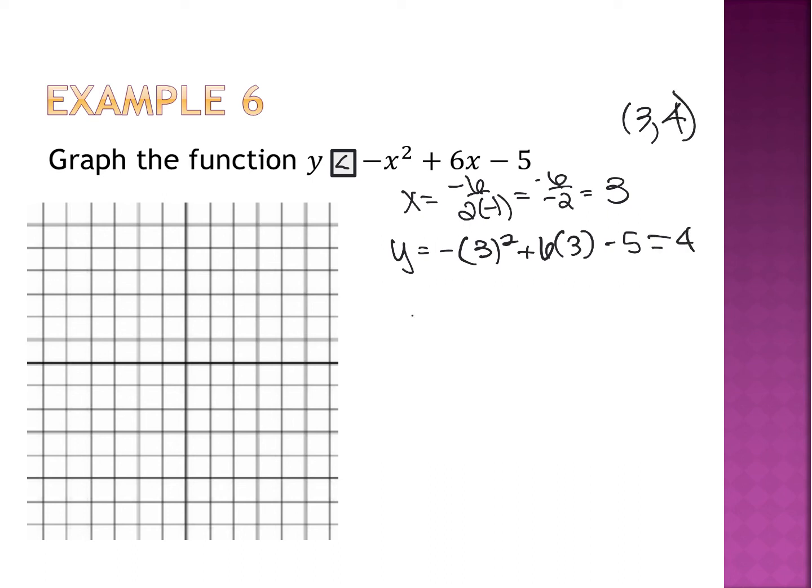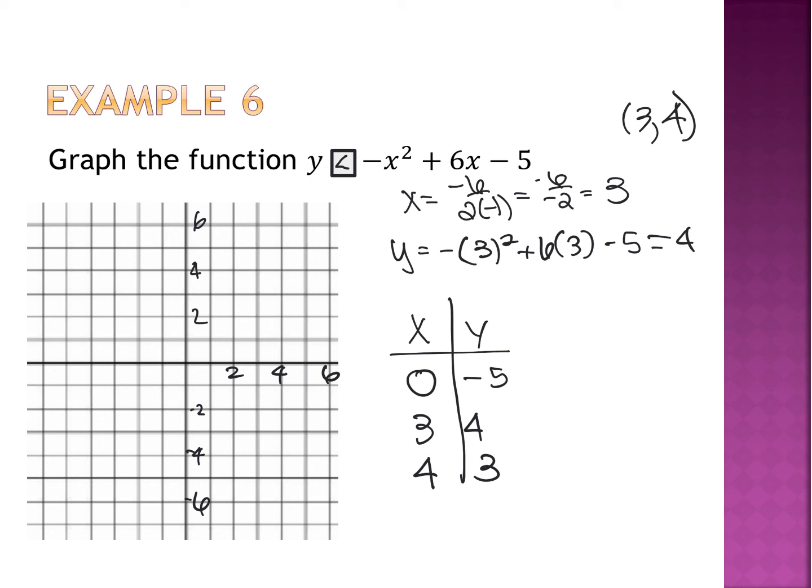So I know that my vertex then occurs at the coordinate point (3, 4). I'm going to pick a point that comes before and a point that comes after and solve. So when I plug a 0 in, I end up with negative 5. When I plug a 4 in, I end up with a positive 3.